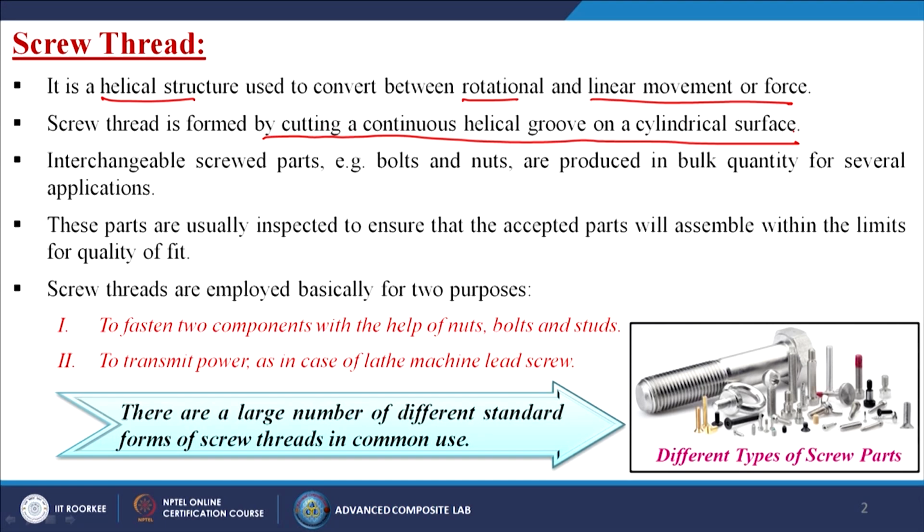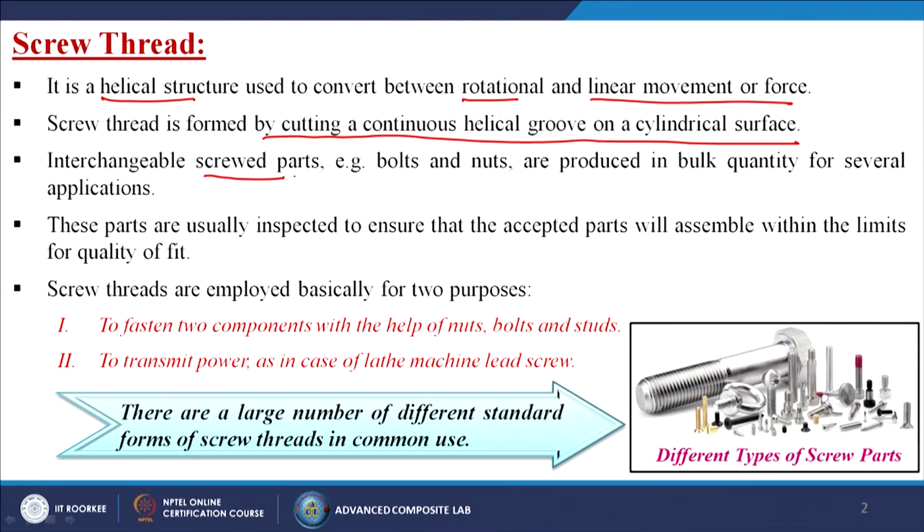So, from that you can understand that we generally use screws, or the nut and bolt arrangement, for some kind of temporary joining process. Interchangeable screw parts like bolts and nuts are produced in bulk quantity for several applications. Yes, because it is not the case that every bolt and nut can be tied together.